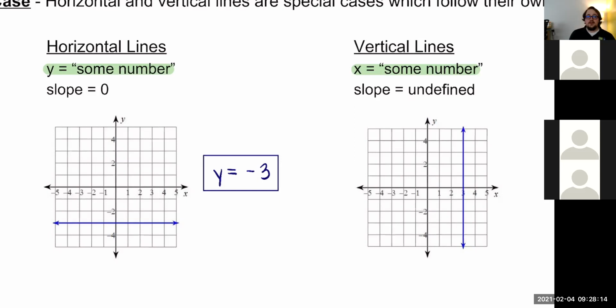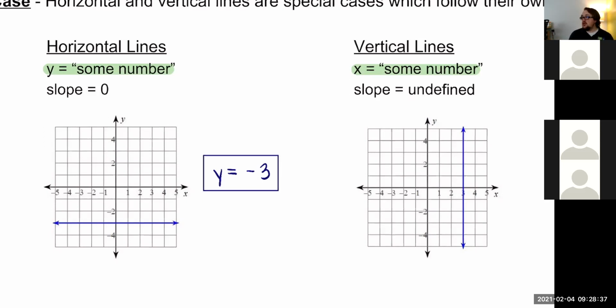No. In fact, if you grab any calculator right now and did any value, say 4, divided by 0, it would say error, or math error, or divide by 0 error, because in the math world, you cannot divide by 0. Mathematically it doesn't work. So that is why vertical lines have an undefined slope.